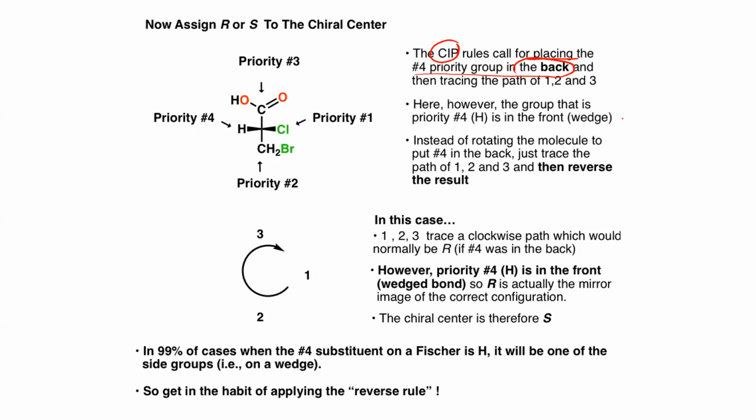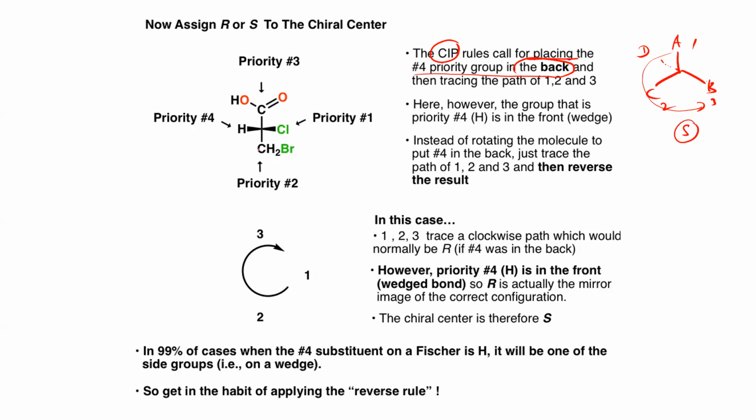Then you look at the other 3, A, B, C. So the least priority group, D, you hold it away from you, then you look at ABC, and if the priority changes anti-clockwise, then it is S. That's how you do it conventionally.